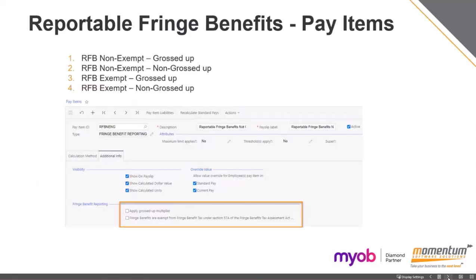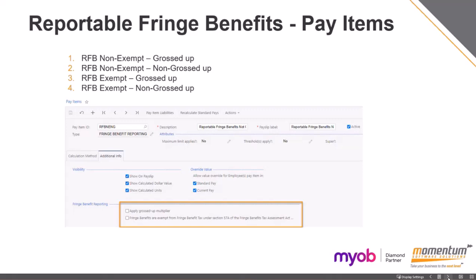There is a separate document to guide you through the process of reportable fringe benefits that's available on our website and also on MYOB Academy. But I will go through in brief the process, how to create the pay items and what pay items are required.